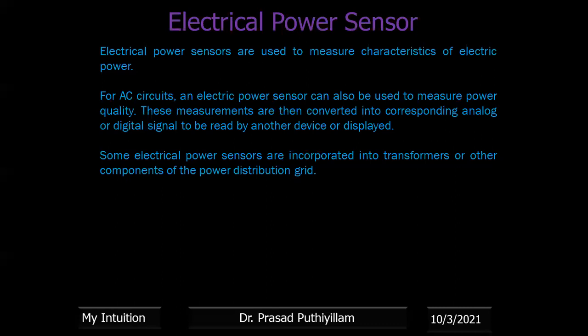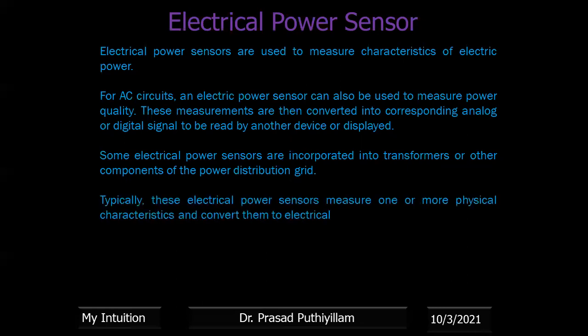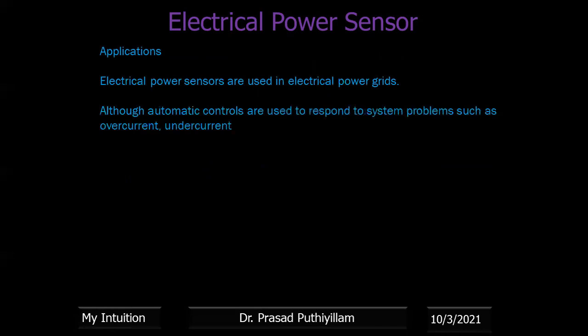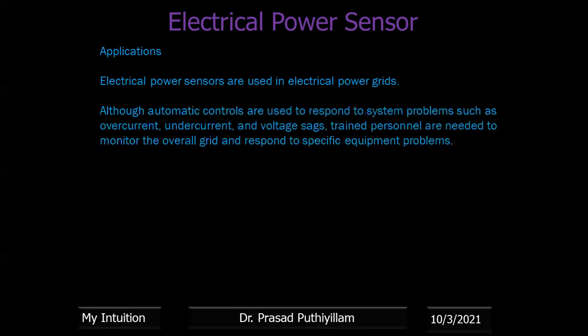Some electrical power sensors are incorporated into transformers or other components of the power distribution grid. That means the high voltage power supply grid is using the power sensors. These power sensors measure one or more physical characteristics and convert them to electrical signal. They are used in power grids mainly. The main application is power grid.